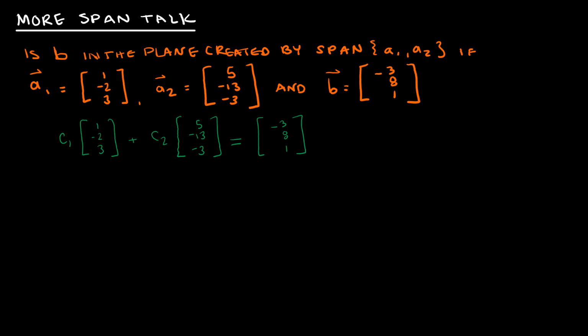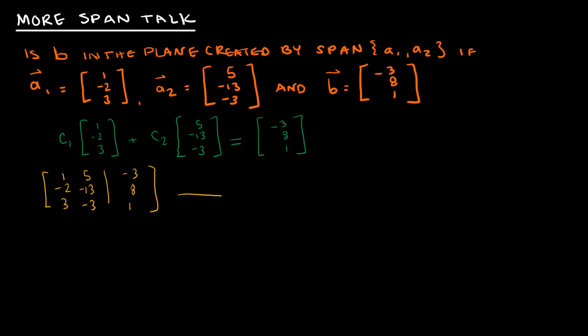This should look really familiar because we just did a question exactly like this. So I'm not going to go through writing this as a system and then turning it into an augmented matrix. We're just going to go straight to the augmented matrix. I'm going to say 1, 5, negative 3, negative 2, negative 13, 8, 3, negative 3, 1.